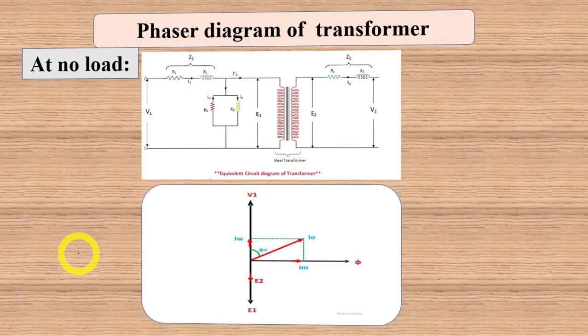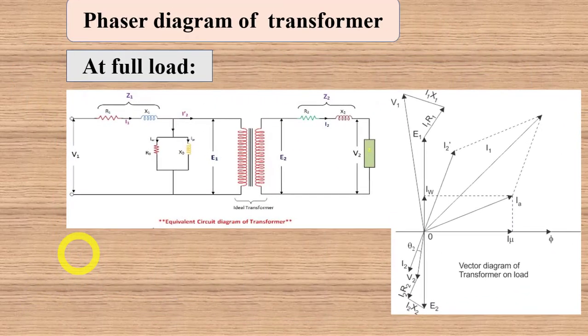Now go to the next. This is the phasor diagram of the full load transformer. When the primary winding is excited by the V1 supply voltage, the I1 current passes, and at this junction I1 breaks into two parts, I0 and I2 dash. I2 dash is equivalent to the secondary winding current.